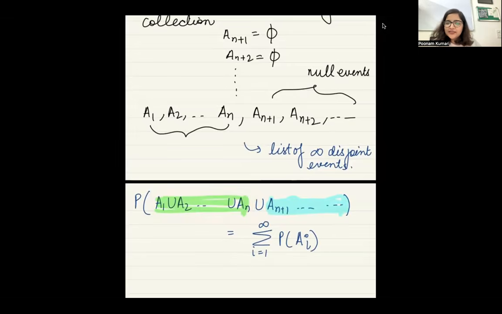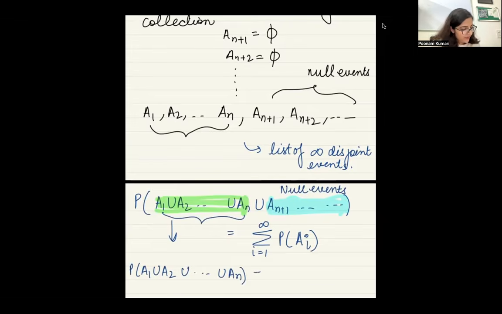So I can write this as the probability of A1 union A2 union up to An only, because these are all null events and nothing gets added after this.